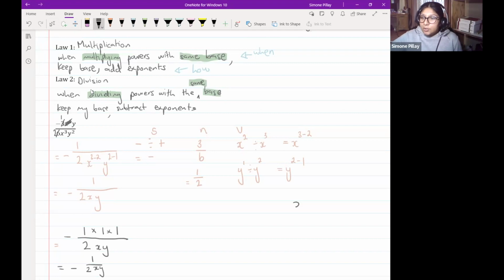And I know x cubed is x times x times x. So if I take away 2 x's there, I'm left with the 1x. And here I took away 1y from the top, and at the bottom, I had y squared, which is y times y. If I take 1y away as well, because remember what I do at the top, I must do at the bottom, I'm left with my y at the bottom as well.